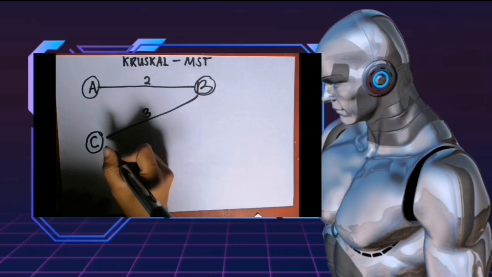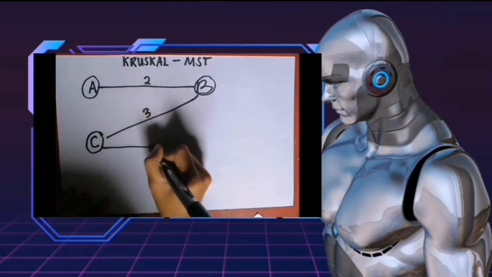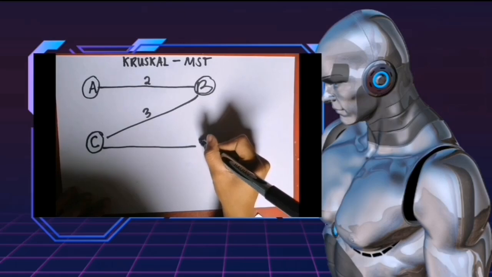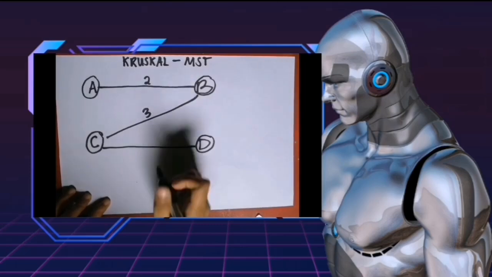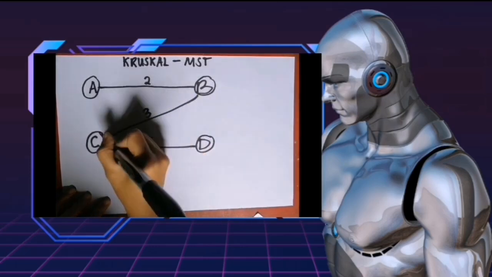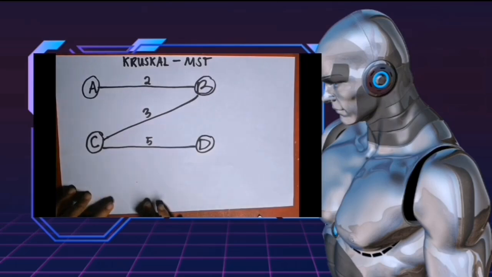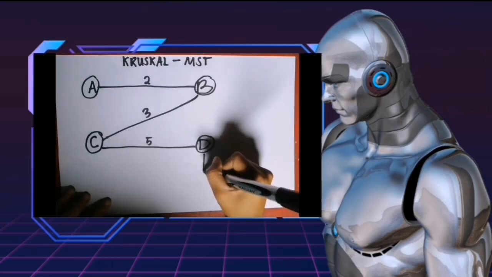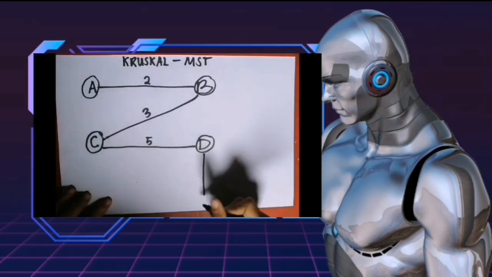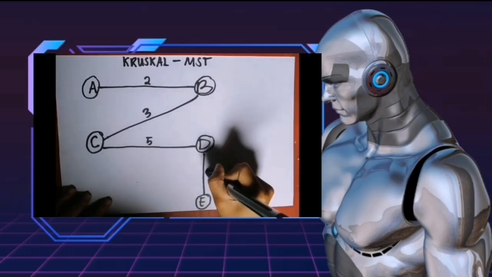As I have observed, it does not form any cycles. So let's continue. We have C and D. It does not form any cycle. So let's write 5. Let's proceed. We have D and E. It does not form any cycle.